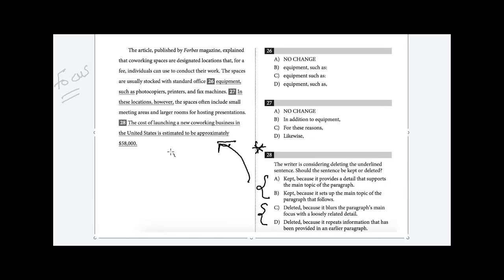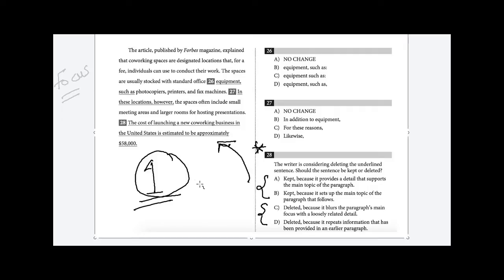So the correct answer would be the option that helps you get a better understanding of the one thing that the paragraph is about. Quite often on the SAT, each paragraph is about one and only one thing. You can sum it up in one sentence, usually called a topic sentence. The right option would be whichever one helps you understand better the one thing that the paragraph is about.